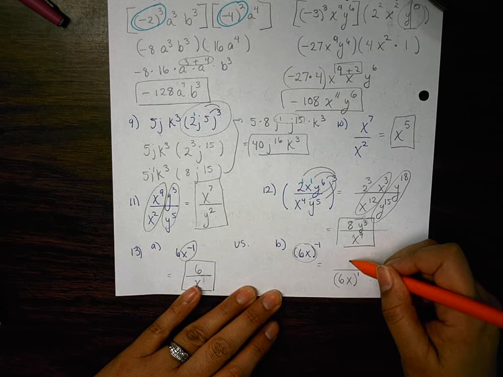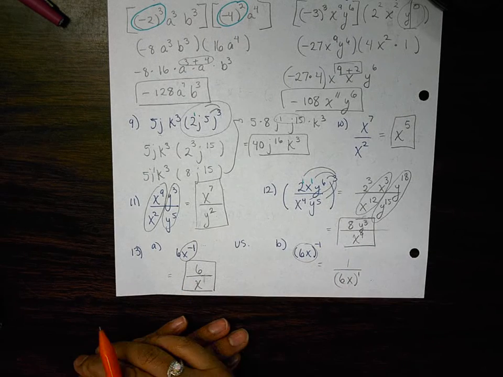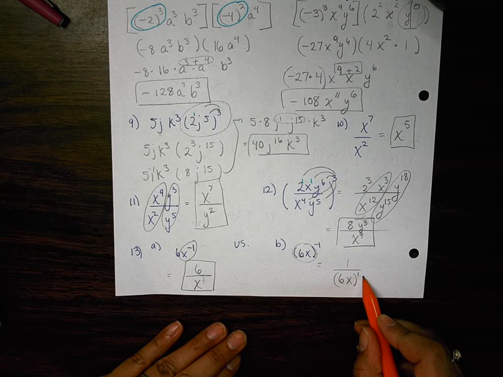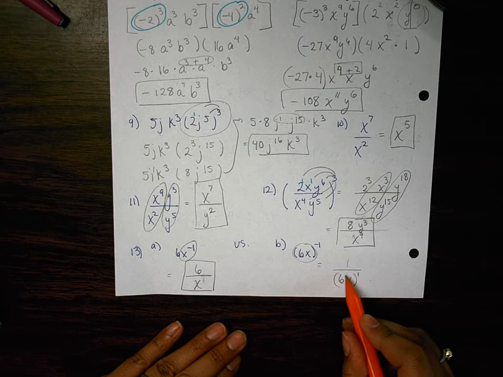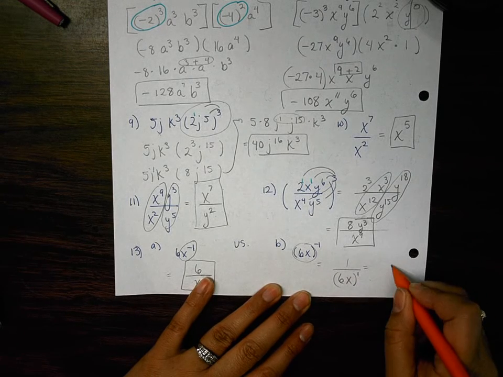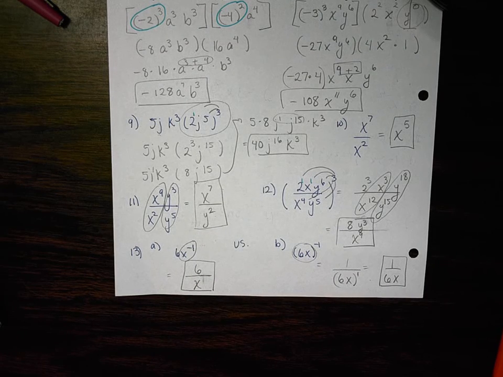Not a 0, but a 1. Now, at this point, do I need to write a power of 1? If it was a squared, what would I have to do with the 2? If it were a 2, what would I have to do? Distribute: 6 squared x squared. But since it's a 1, it's just 1 over 6x, and that is the final answer. Questions?